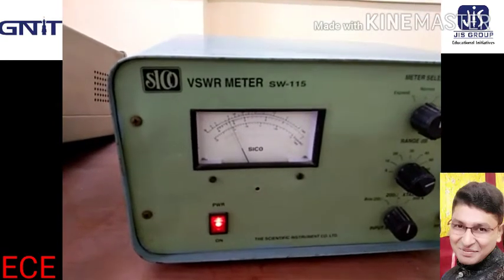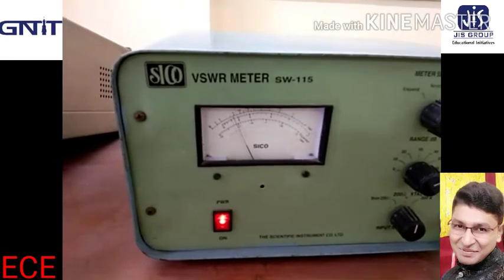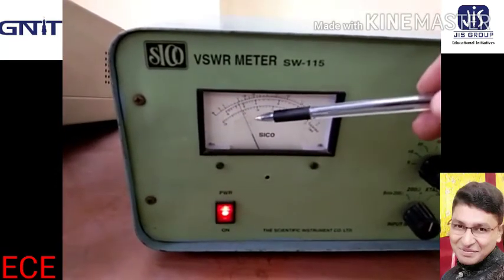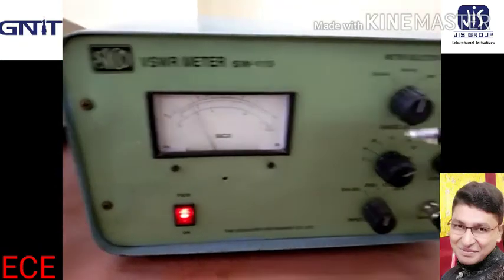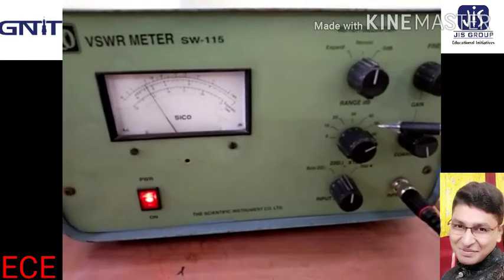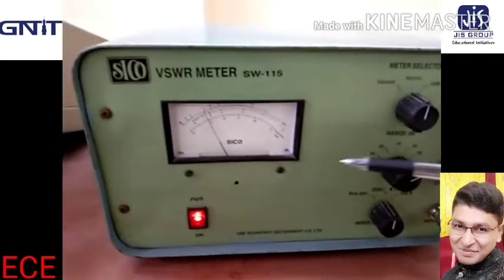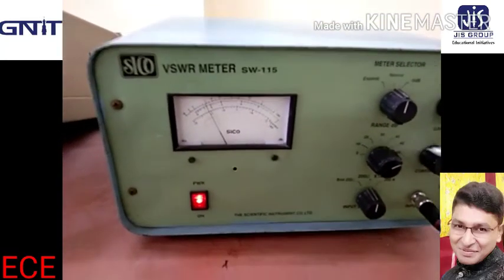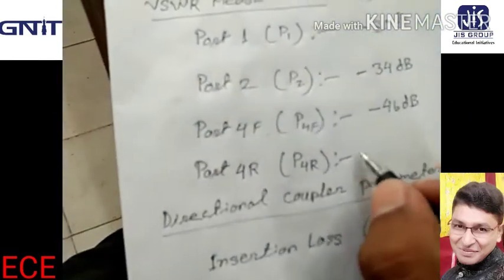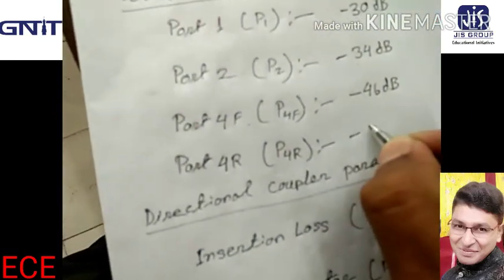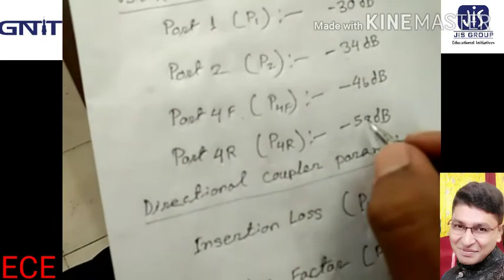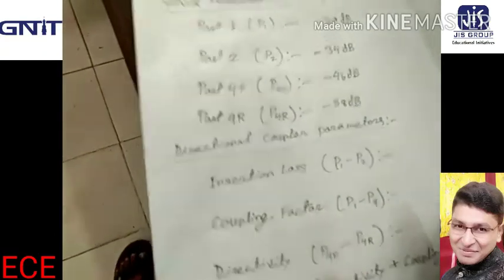Measure the value of P4 in reverse direction. The main scale reading is 8 dB and the range selected is 50. P4 reverse is 50 plus 8, 58 dB, minus 58 dB.